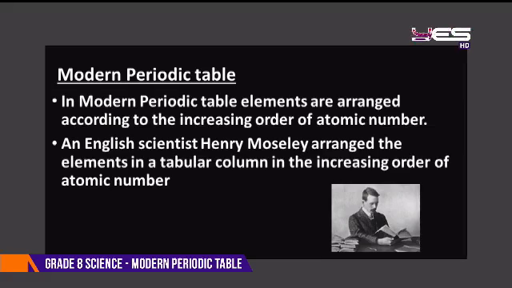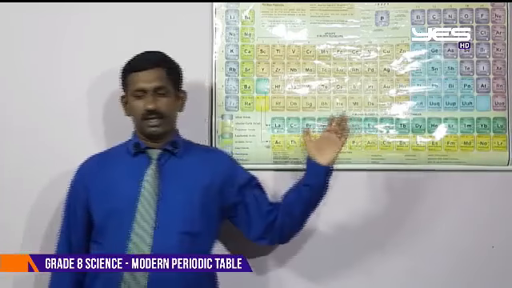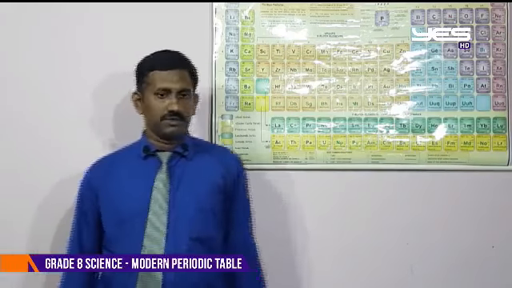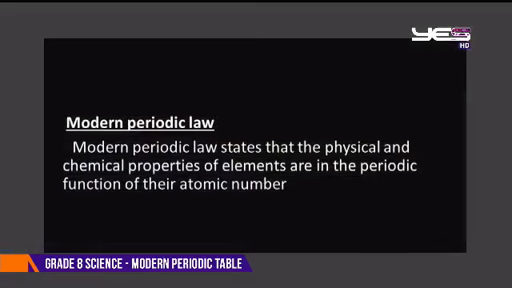Then who arranged the elements in the modern periodic table? So an English scientist namely Henry Moseley arranged the elements in a tabular column and in the increasing order of atomic number. Okay, then what is the modern periodic law? There is a law, that is modern periodic law.